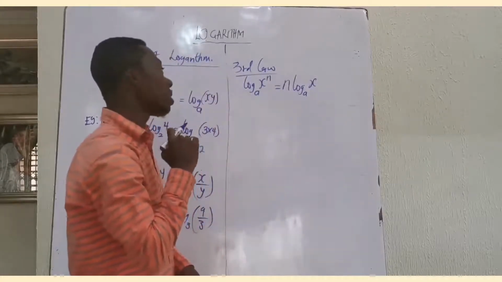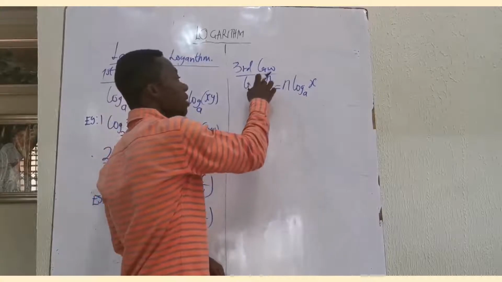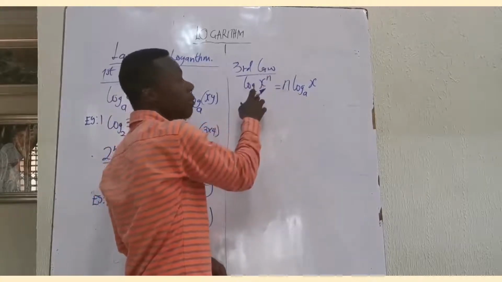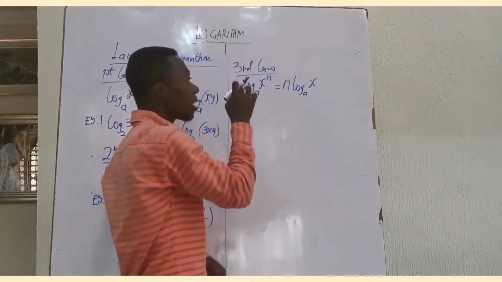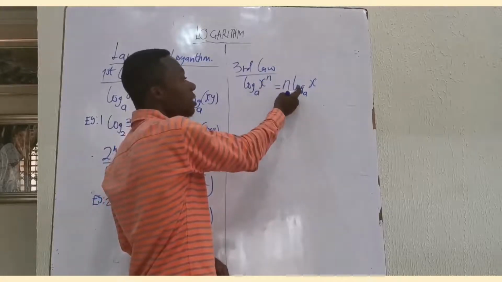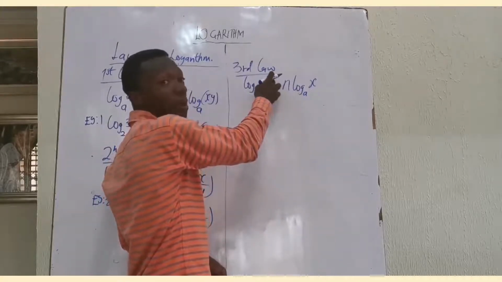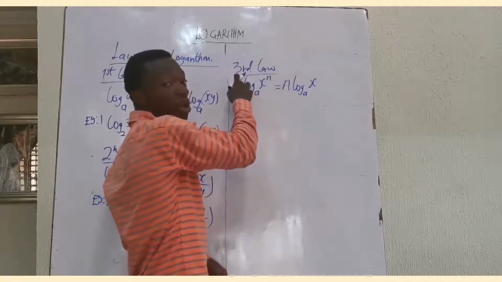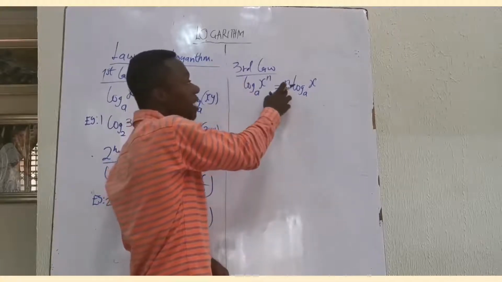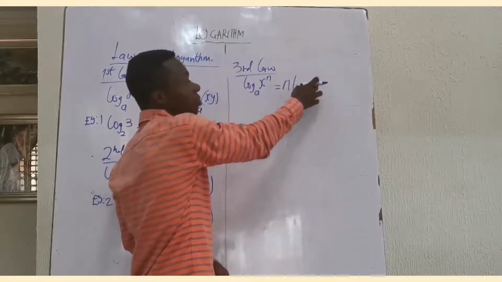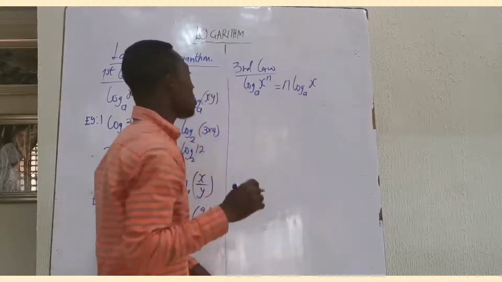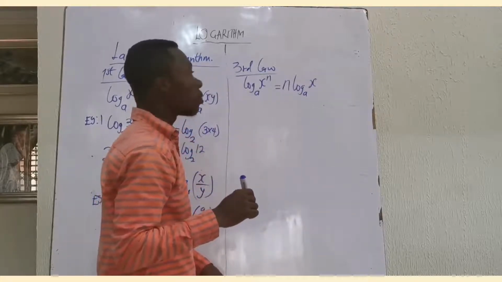Stay here carefully. If I have log of x exponent n to the base of a, the third law is saying that I can rewrite this in a form where the exponent will come and multiply the log at the backside, right? So it's going to be n log x to the base of a.